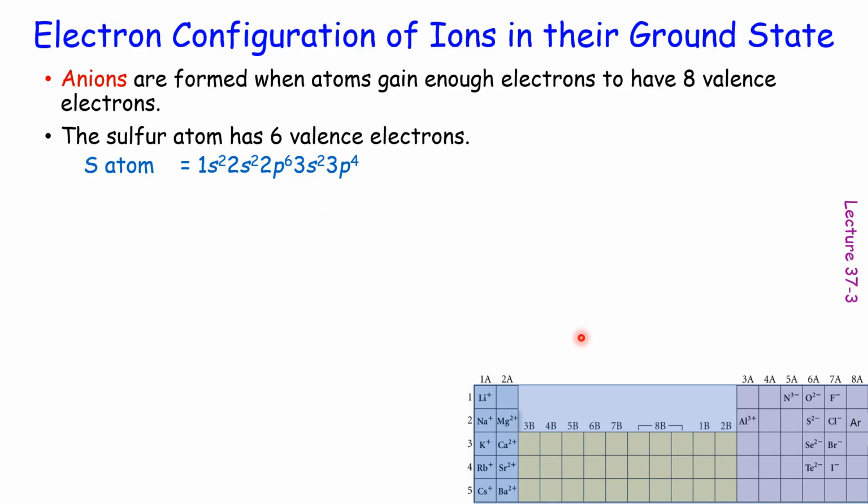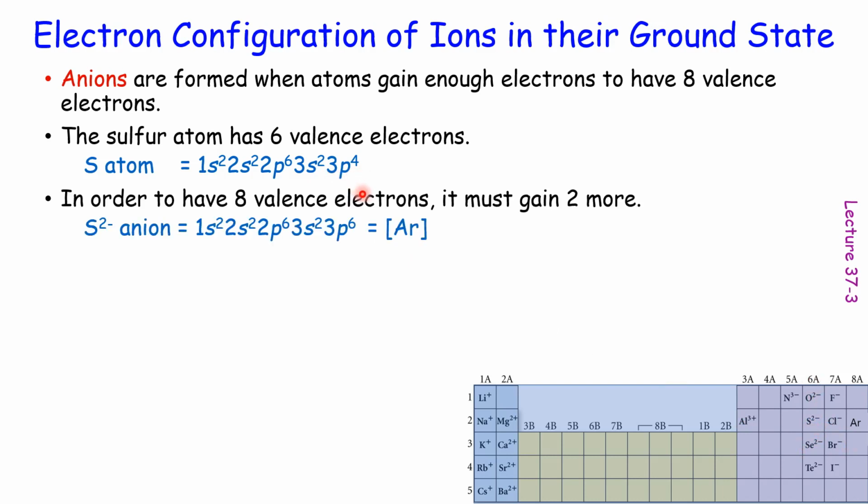Let's look at sulfur though, okay? Group 6A, it has 6 valence electrons. It needs to gain 2 more, you see? So here, that's 6 valence electrons, 2 plus 4, that's 6, and gain 2 more, that's 8 electrons.